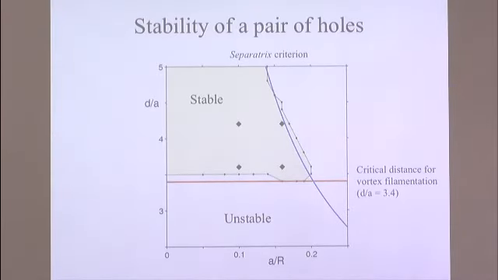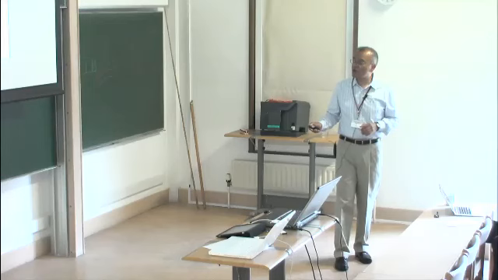And again, I have here the parameter space, the size of the vortex in this axis, and the separation of the holes in this axis. Now I have these 2 curves, again the separatrix criterion and the critical distance for vortex filamentation. I'm not using the critical distance for merger, which is a little bit lower over here.